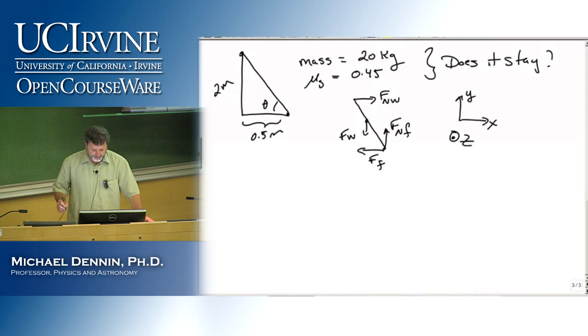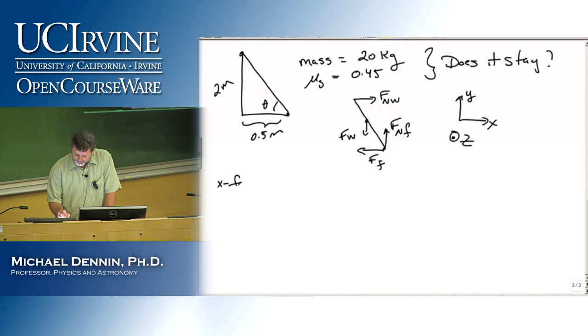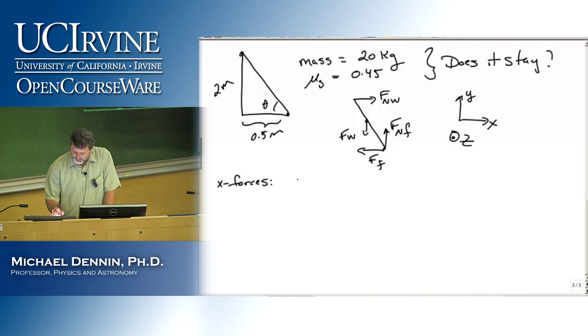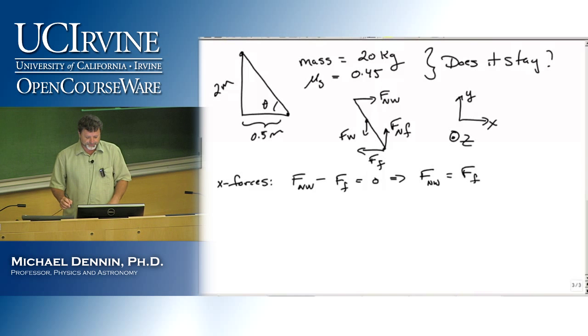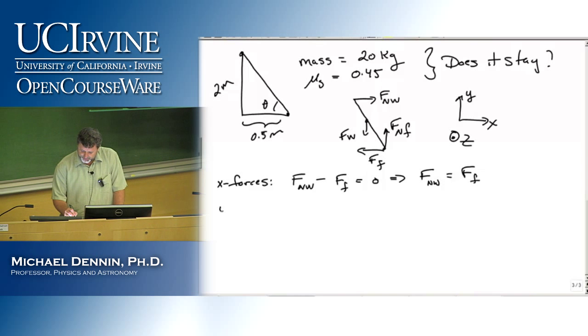We set up our equations, and so we have our x forces. That's just the normal with the wall minus the force of friction equals 0. So we know that the normal of the wall equals the force of friction. We then have the y forces.